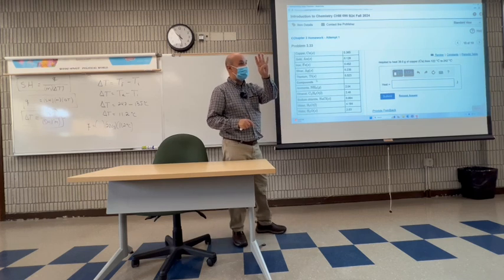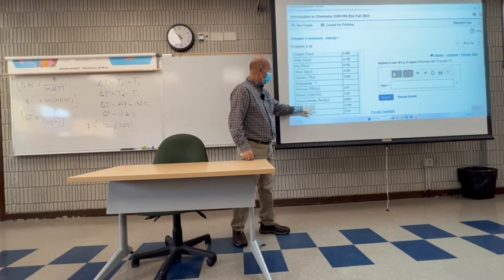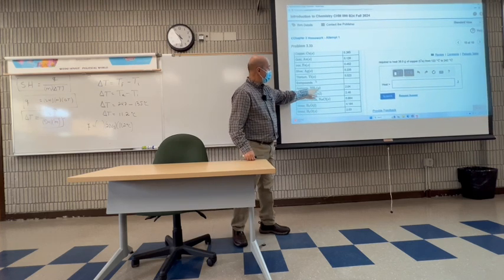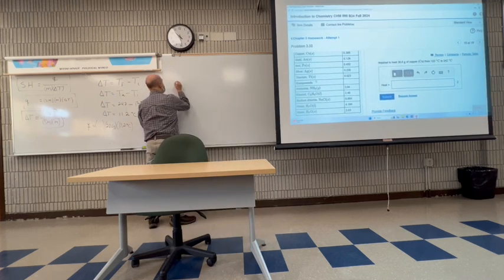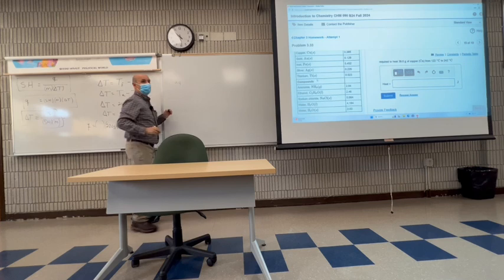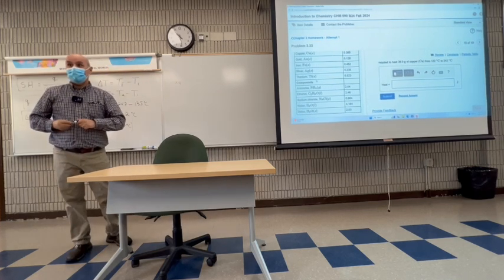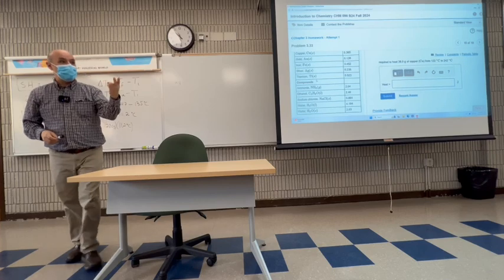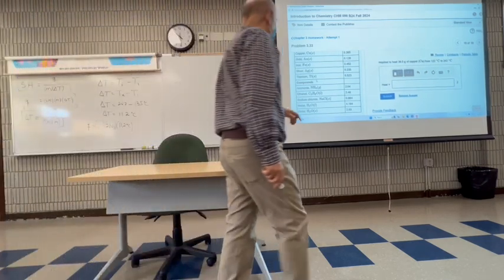There are 4 states of matter that we're going to learn about. S is solid, L is liquid, G is gas, and then there's one more that doesn't show up there, AQ, which means aqueous, which means in water. So solid, liquid, gas, and aqueous are the states of matter that we're going to be dealing with.